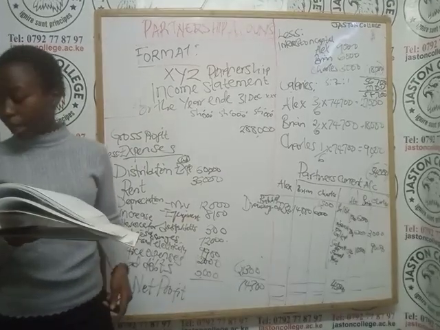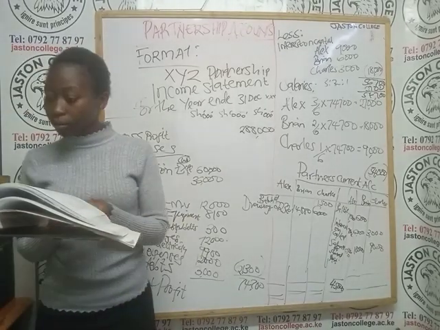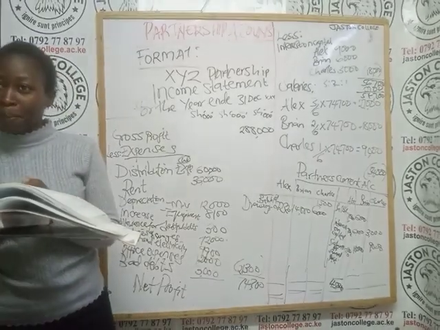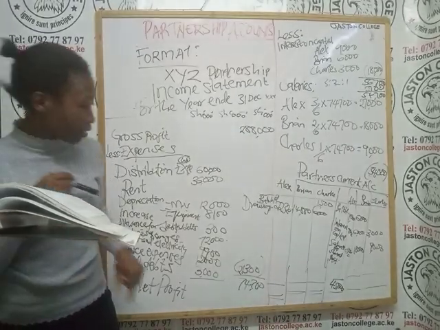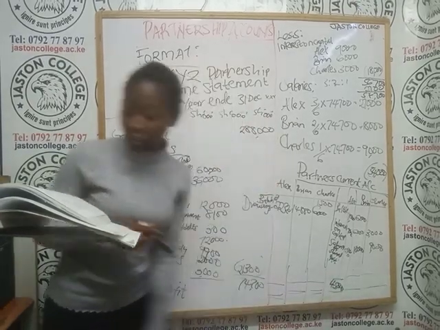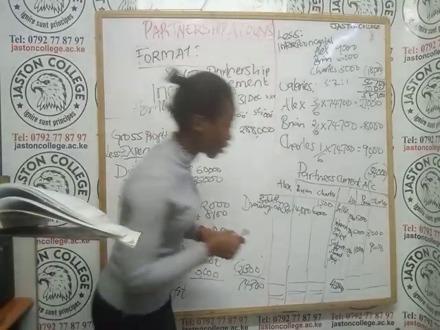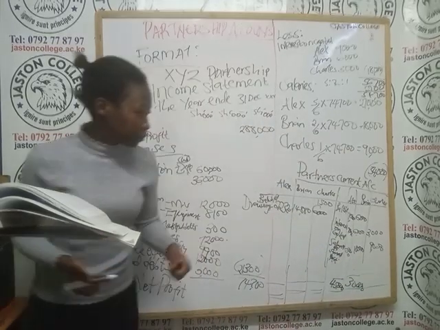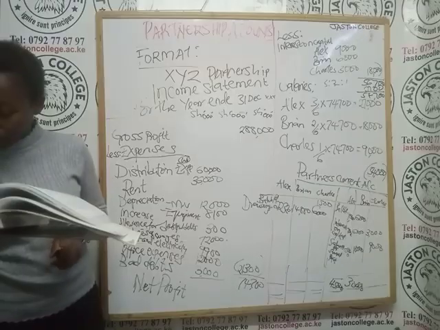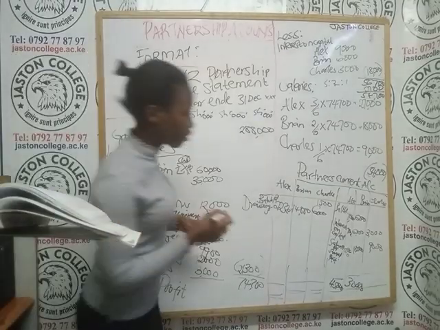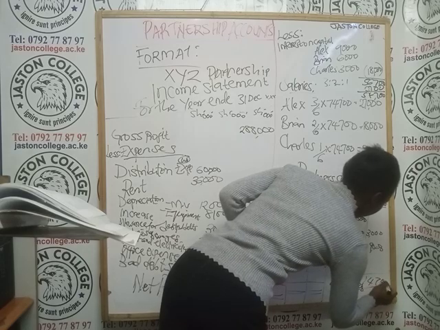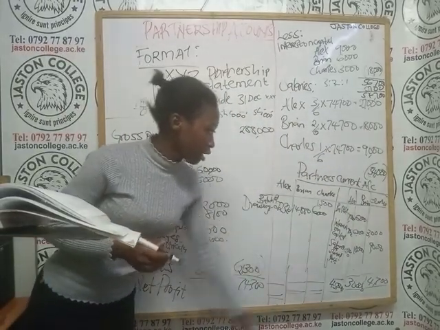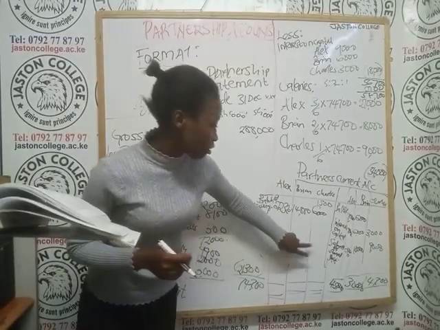Okay, so our salary, which is our share of profit, we are going to add up the items. We are going to add up the amounts, and Alex will get 45,000 over there. Then Brian will get 30,000 over there, and Charles will get 14,700. So these amounts should balance even to this side.